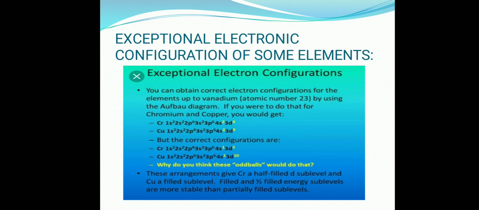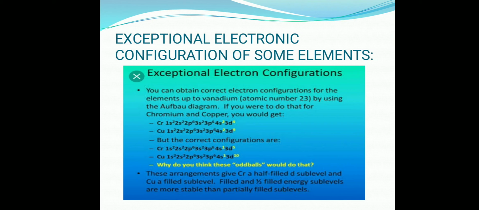You can obtain correct electronic configuration for elements up to vanadium, having atomic number 23, by using the Aufbau diagram. But we cannot obtain electronic configuration on the basis of the Aufbau diagram after 23. Means we will come across some exceptional electronic configurations.